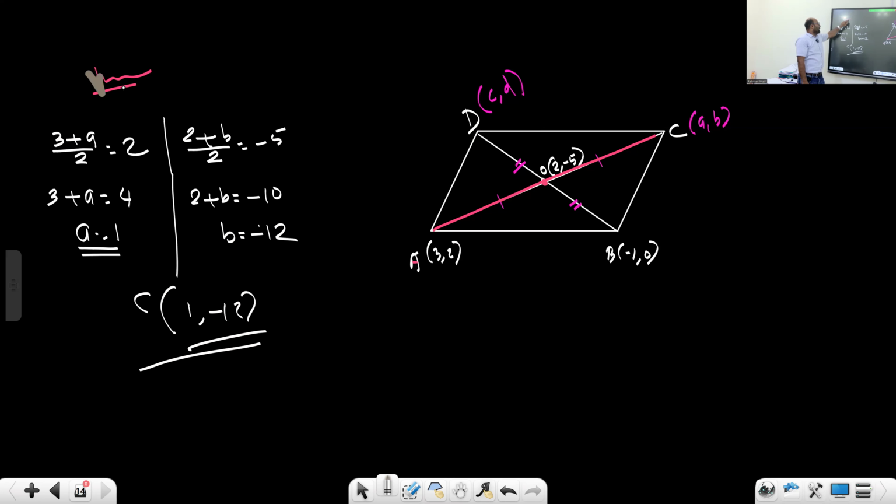Therefore, by midpoint formula, this one. Simply don't copy from the board.